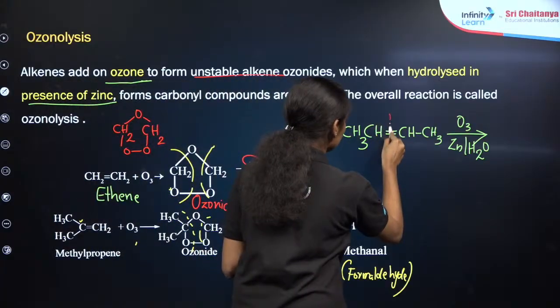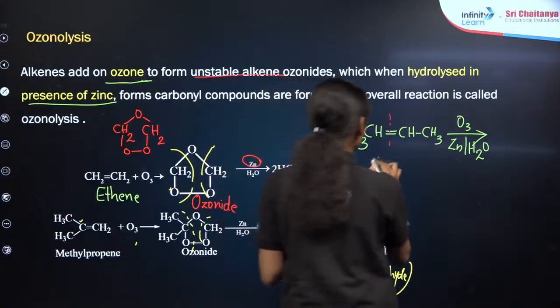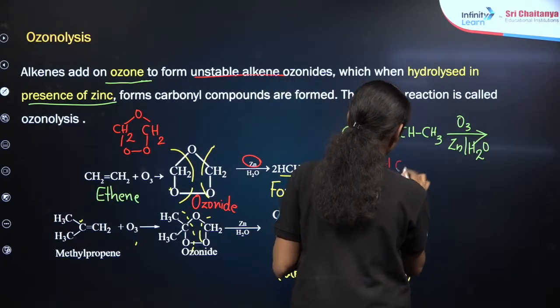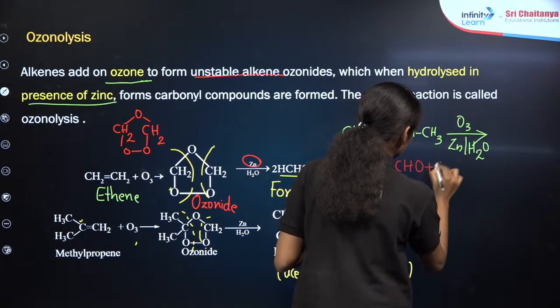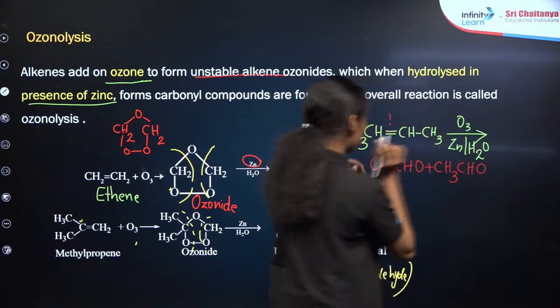Then add oxygen, make it a carbonyl compound. So I will get CH3CHO, again CH3CHO, which is our acetaldehyde. This will be the product of this particular reaction.